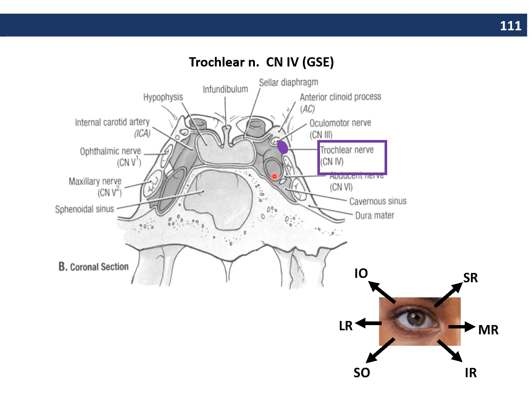The internal carotid artery travels through the cavernous sinuses, and it's thought that the cooler temperature of the venous blood may help to regulate the temperature of the arterial blood as it is entering into the cranial vault. So here's the trochlear nerve located in the cavernous sinuses.